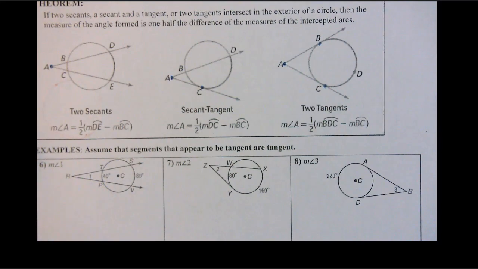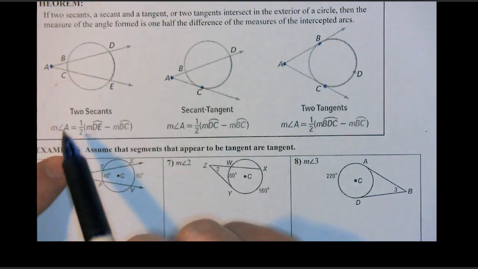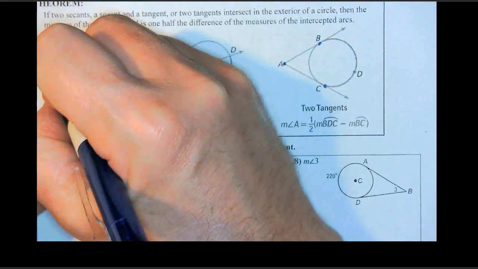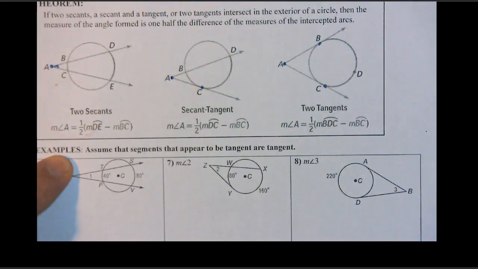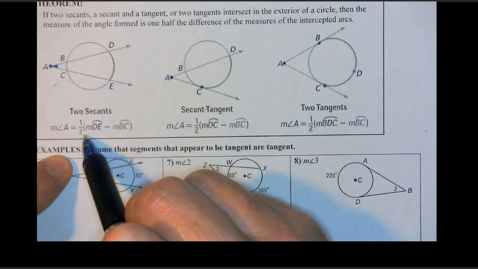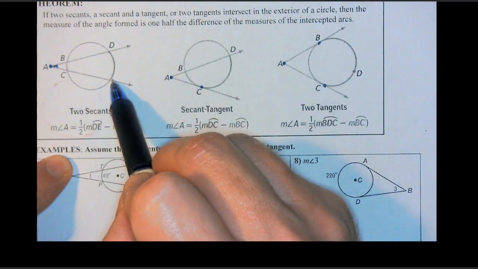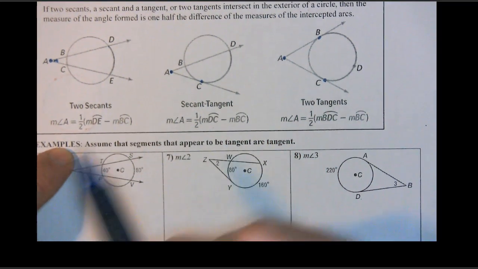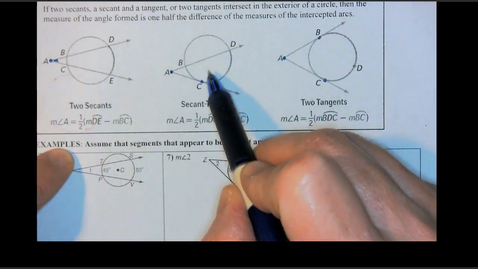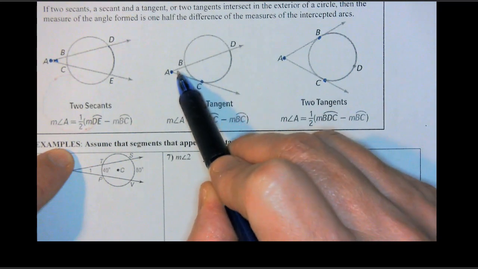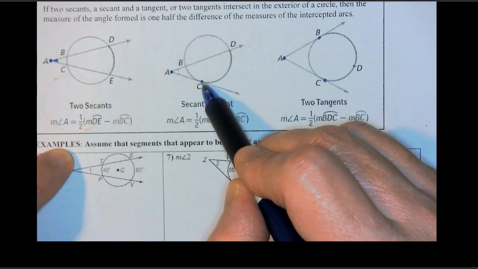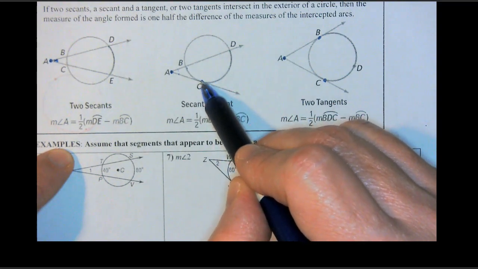So the relationship is the following. Basically, the measure of this angle right here is 1/2 the bigger arc minus the smaller arc. Okay, same applies if I have a secant and a tangent. This angle right here is 1/2 the bigger arc minus the smaller arc.